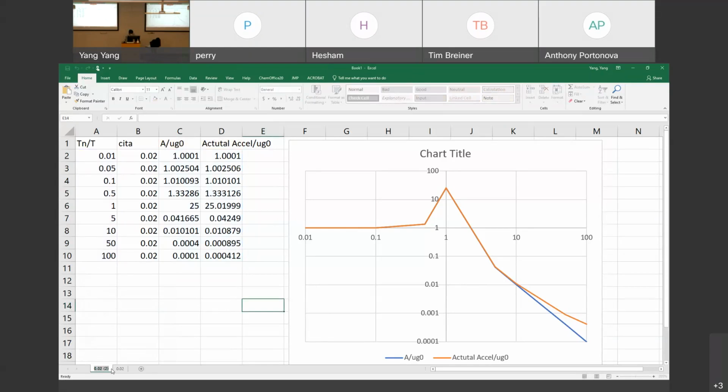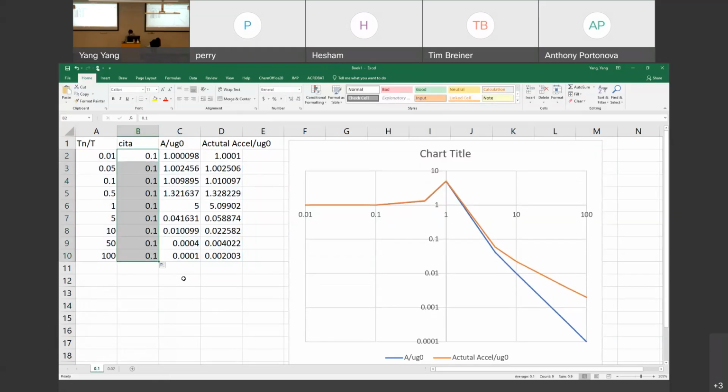For example, we would like to change this to 0.1. We just change everything to 0.1. And that's how you can do your project. You can use different spreadsheets to consider different damping ratios.